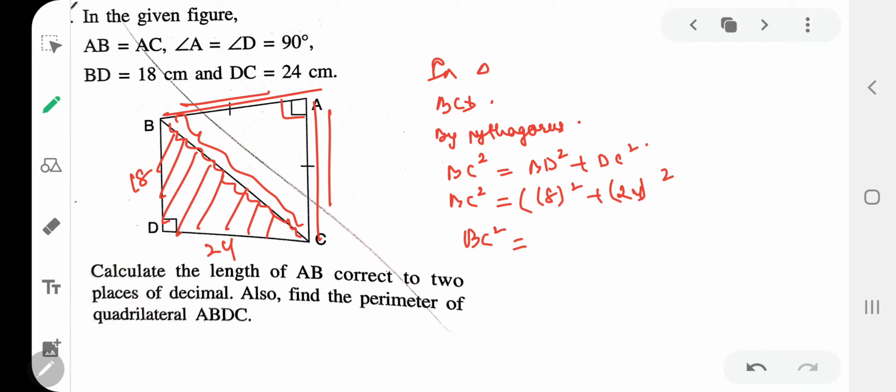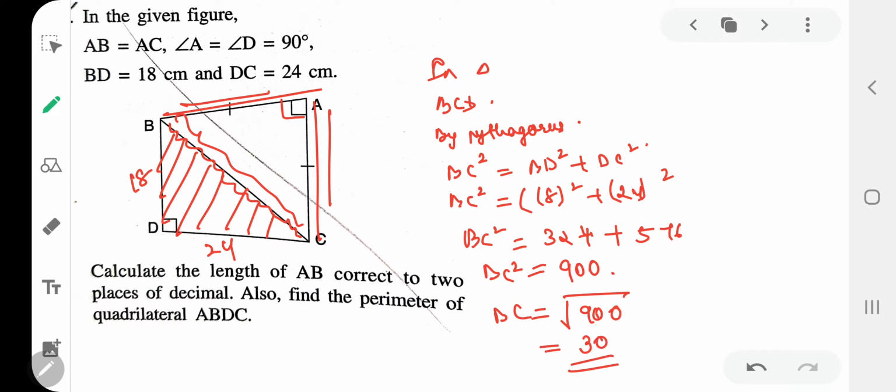My dear kids, 18 square is 324 plus 24 square, that will be 576. Are you getting my point clear? So you got the addition as 900. You got BC square as 900. So what will be BC? Root of 900, that is 30.